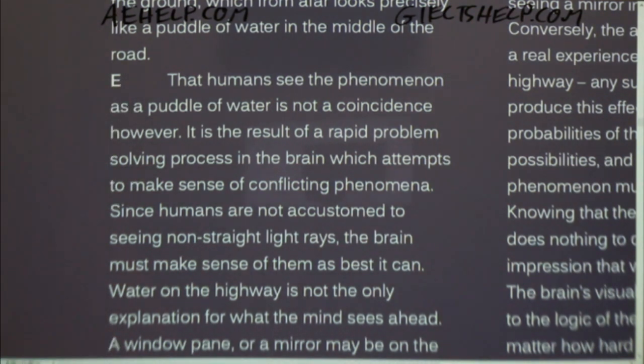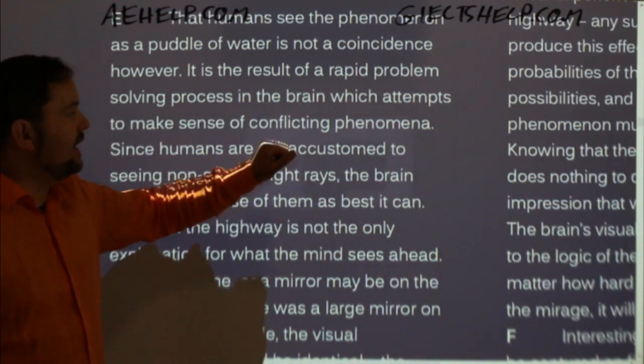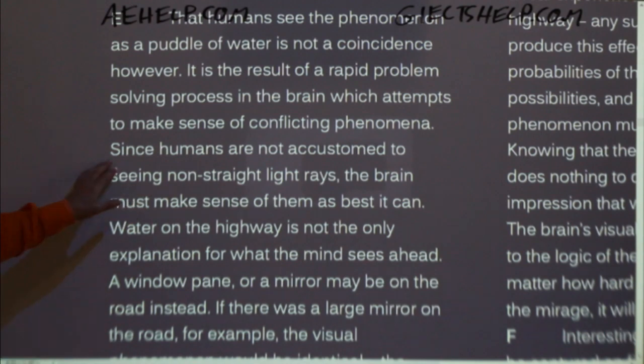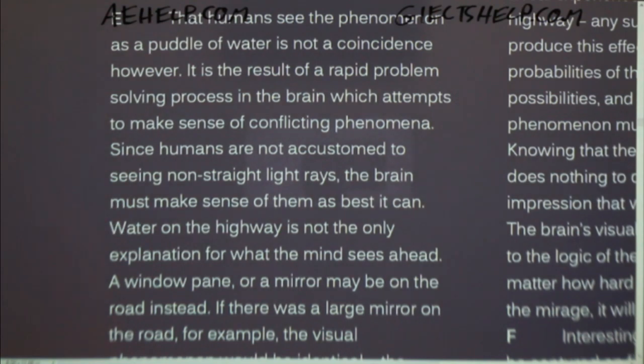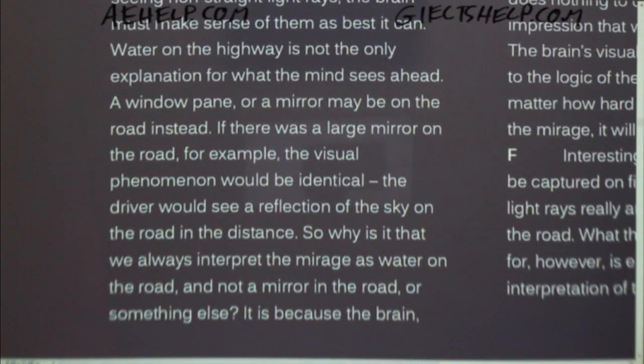That humans see the phenomenon as a puddle of water is not a coincidence, however. It is the result of a rapid problem-solving process in the brain, which attempts to make sense of conflicting phenomenon. Since humans are not accustomed to seeing non-straight light rays, the brain must make sense of them as best it can. Water on the highway is not the only explanation for what the mind sees ahead.